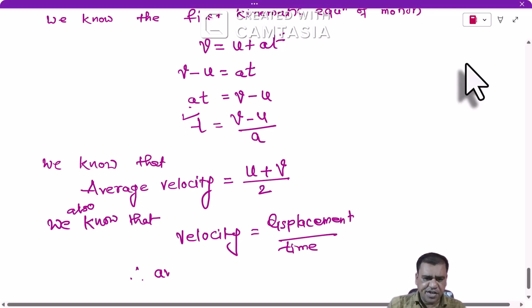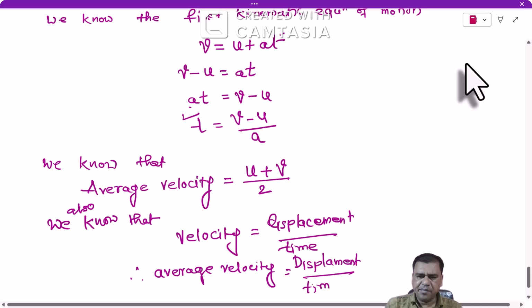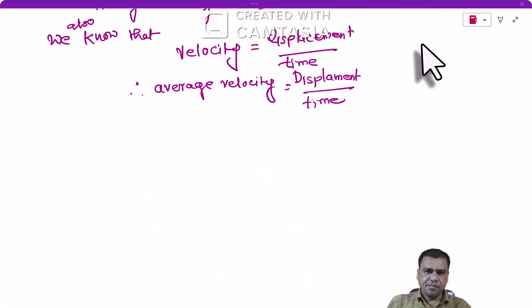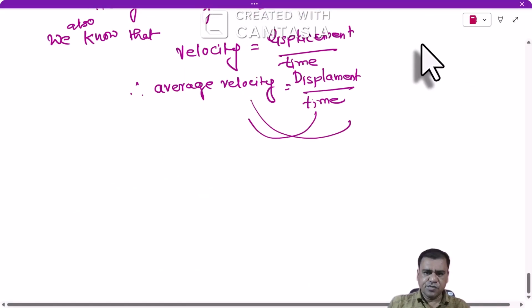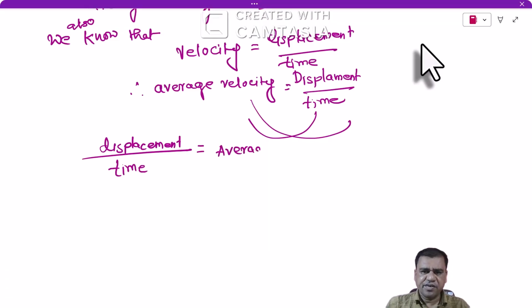Therefore, average velocity also can be defined as displacement divided by time. By interchanging the sides, we can write it as displacement divided by time is equal to average velocity.